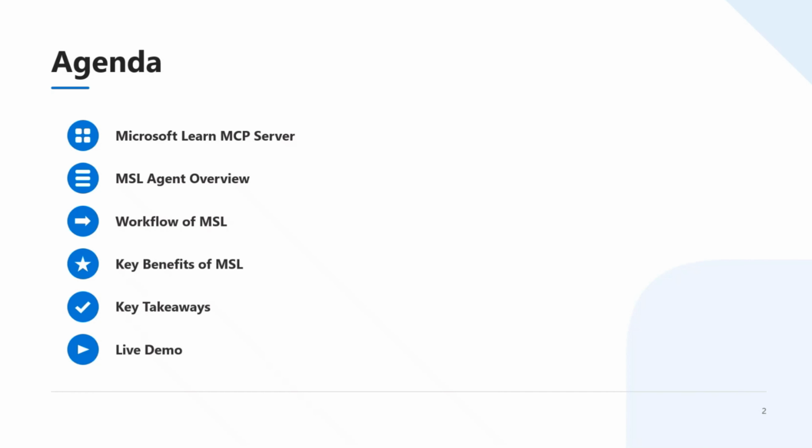After that, we'll go through the end-to-end workflow to see how MSL agent interacts with the Microsoft Learn MCP server to retrieve official Microsoft documentation, reference URL, and code samples. We'll then discuss the key benefits of this solution, followed by the key takeaway from this session. And finally, we'll conclude with a live demonstration of the MSL agent in action.